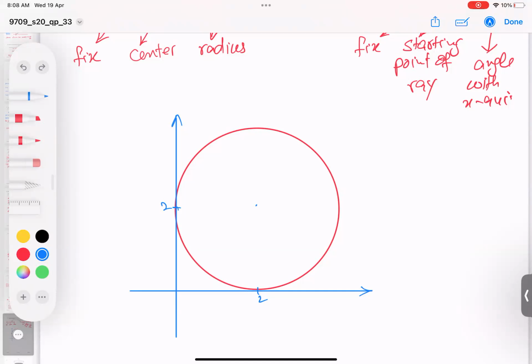So let's see how to draw the ray now. For the ray part, if you look carefully, we have two angles to focus on here. One angle is 0, and the other angle is pi by 4.